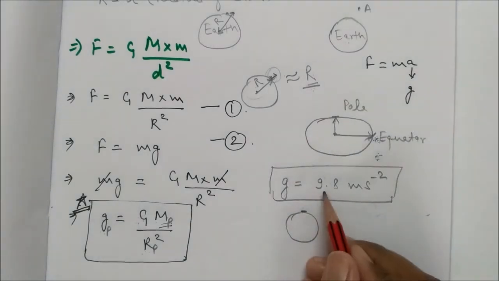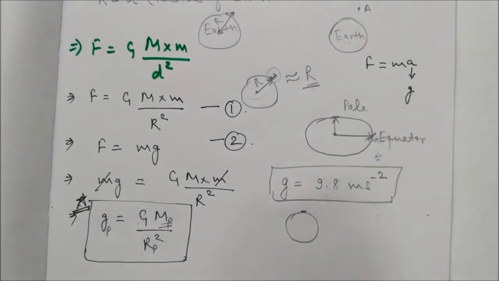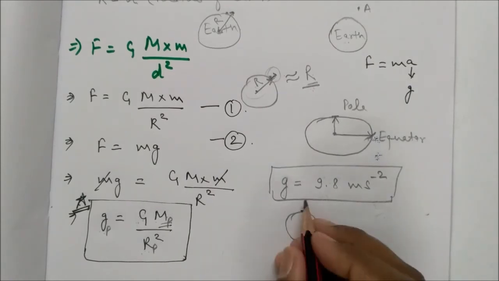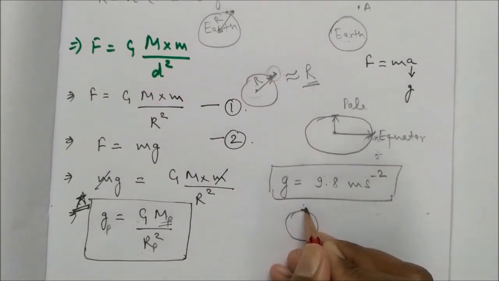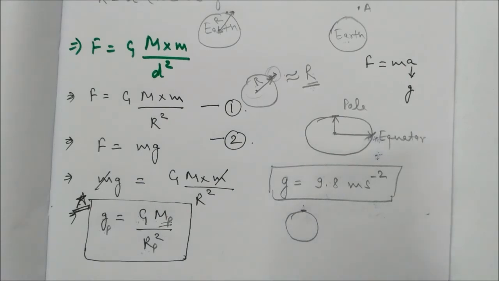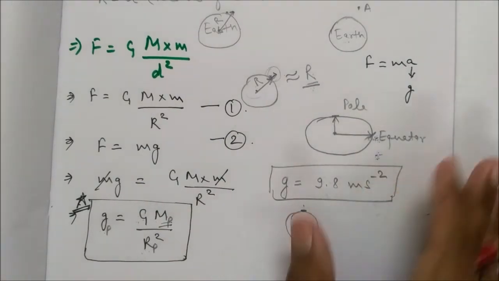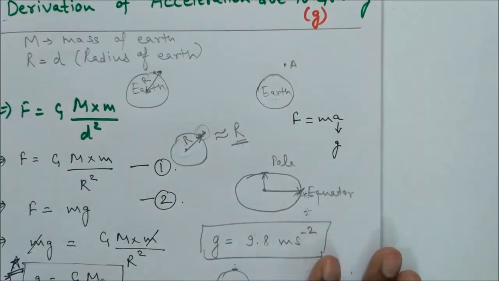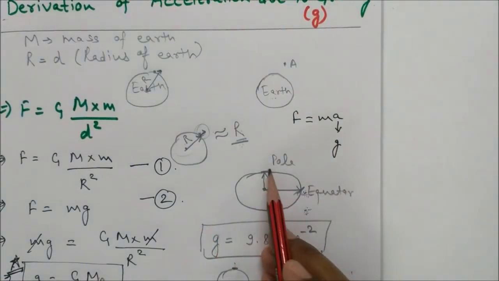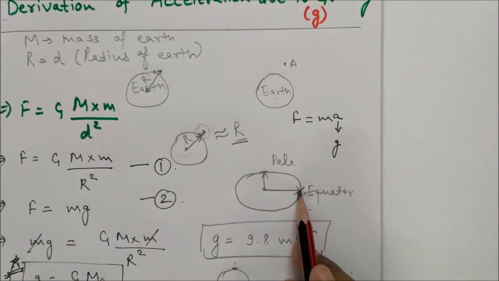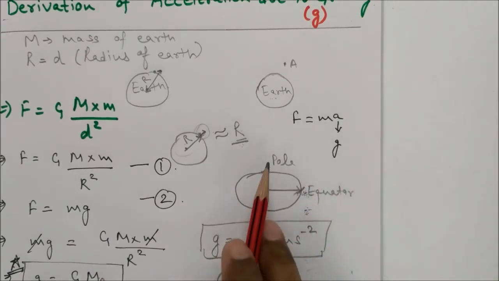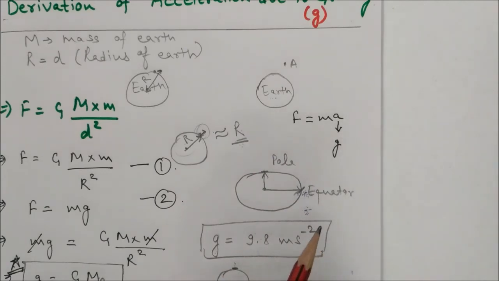We take this if the object is either exactly on the surface of the earth or very near to it. This value changes when we calculate the value of g at the pole and at the equator; both values may vary.